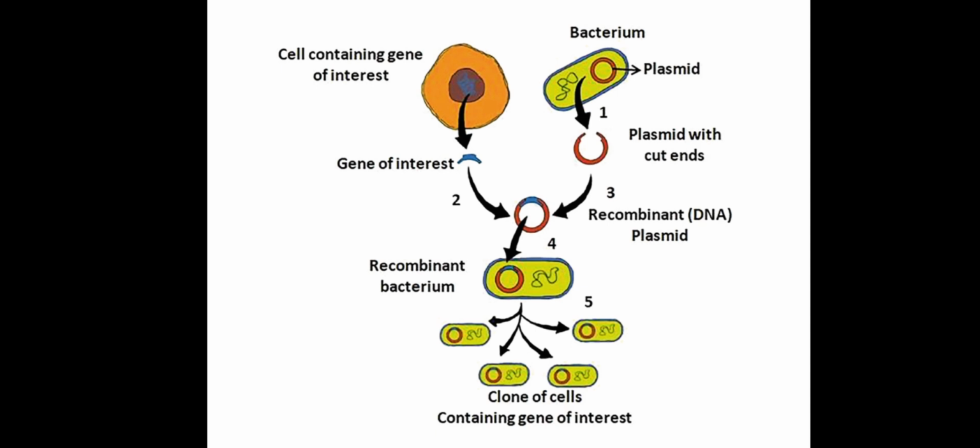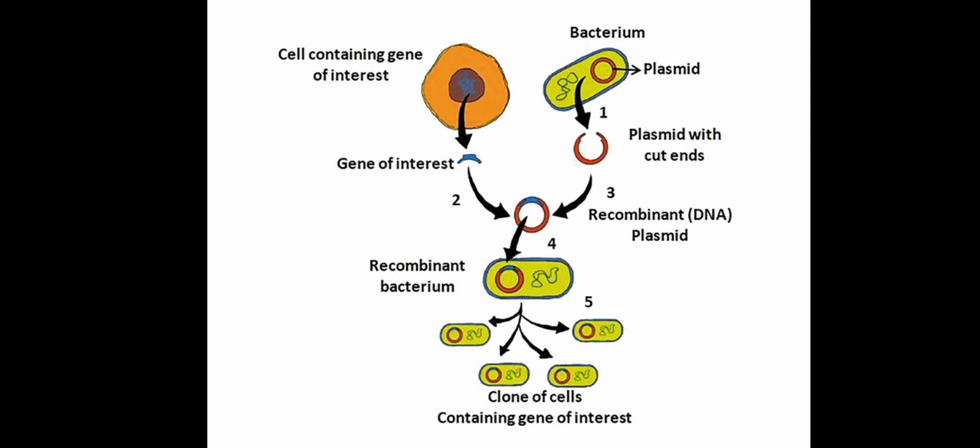So this is the diagram showing the cells having the gene of interest, and the right side showing the bacterium which has the plasmid. These two are cut with the restriction enzymes, and the gene of interest from the cells is isolated using the restriction enzyme.